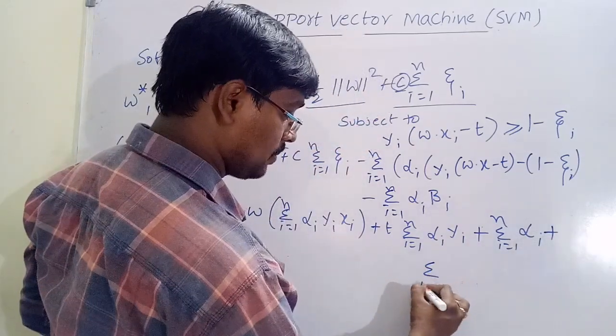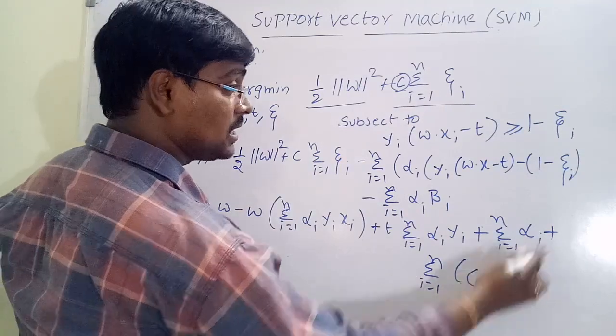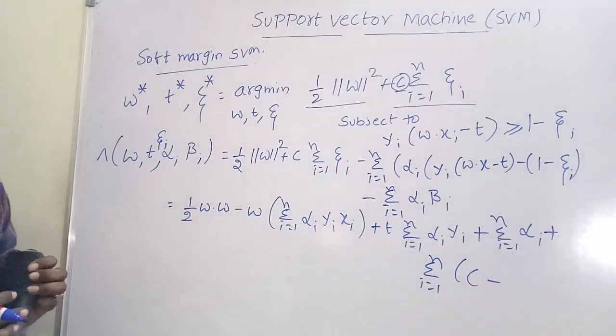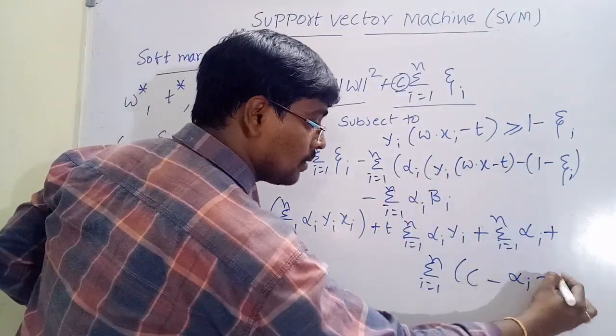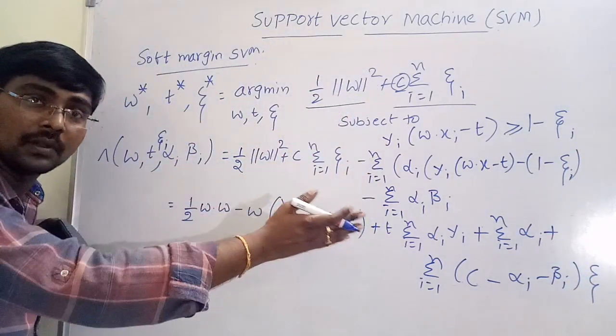Plus sigma i equals 1 to n, this term c minus alpha i minus beta i into the slack variable. So simple multiplication.